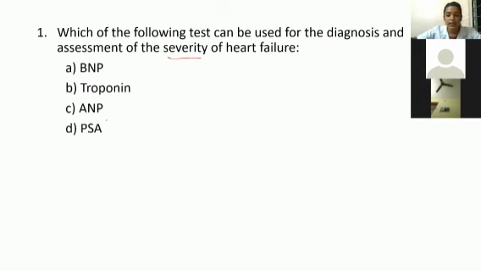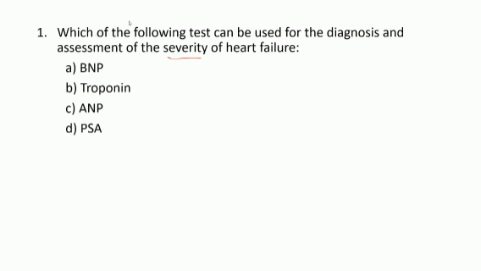Or D, PSA. What is the answer? Can anyone say? Which of the following tests can be used for the diagnosis and assessment of the severity of heart failure? So the answer is BNP.